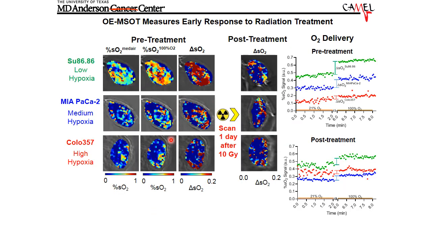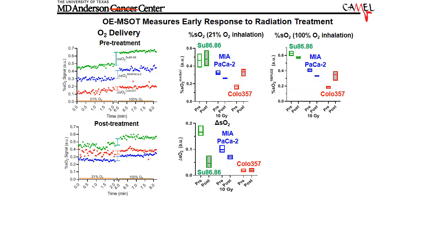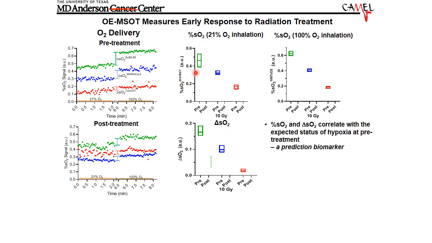Well, here's the data prior to and after treatment. Here's the plots of the data as well. I'm going to do this in the interest of time and just focus on the results of these data sets. In fact, I'm going to make it more simple and show that yes, we can determine the difference between normoxic, mildly hypoxic, and hypoxic tumors using either of the gases, 21% O2 or 100% O2.